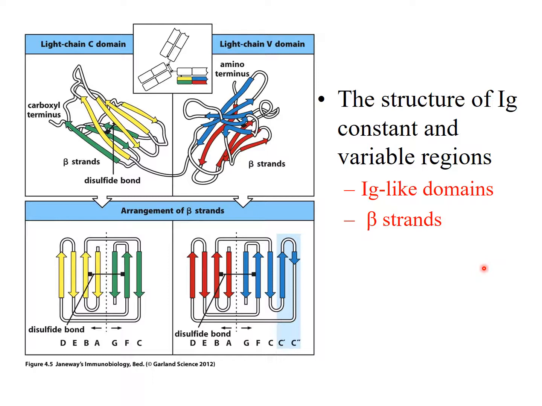Now, as I mentioned before, the structure of the immunoglobulin constant and variable regions is set by the secondary and the tertiary as well as the quaternary structure of a polypeptide. Here they're showing you the different subdomains within the variable and this portion of the constant of the light chain.